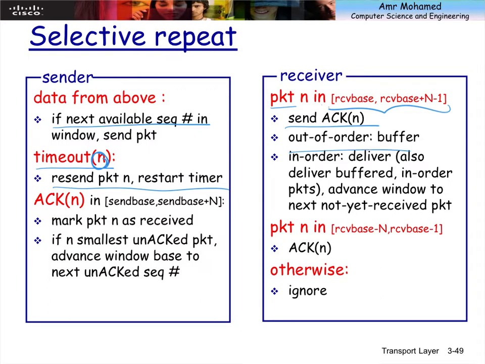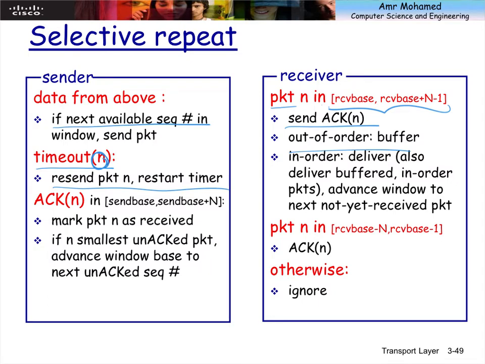However, the delivery to the application must be in order. Must be in order. Okay? So regardless of whether the reception is in order or out of order, the delivery to the application layer has to be in order.